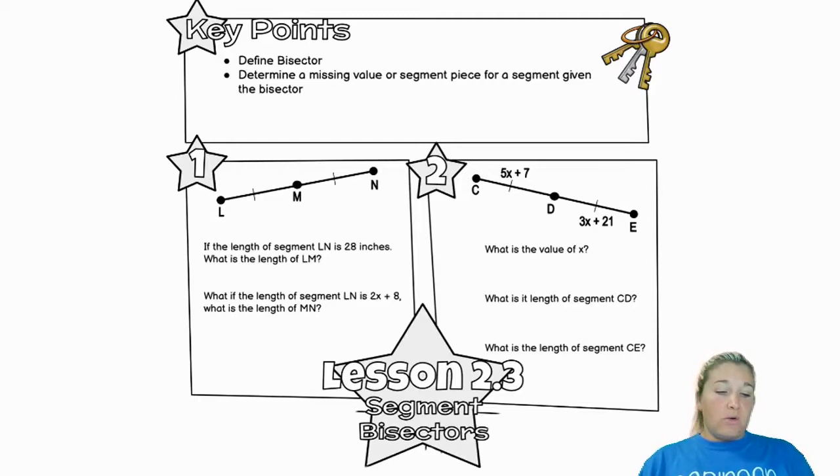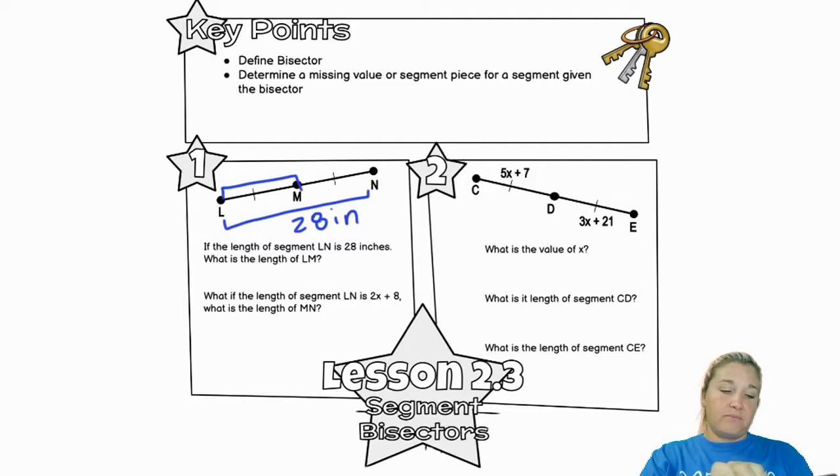Okay, so let's look here on our first example. It says we have LMN, and do you see those little dashes on those lines? That means that those lines are equal in length. It says if the length of segment LN, so the whole thing, is 28 inches, then what is the length of LM?